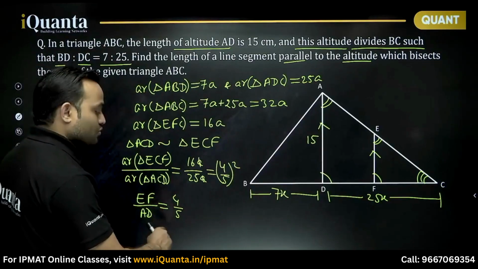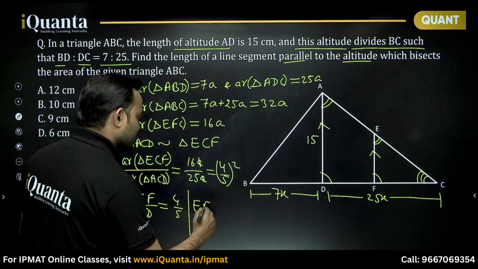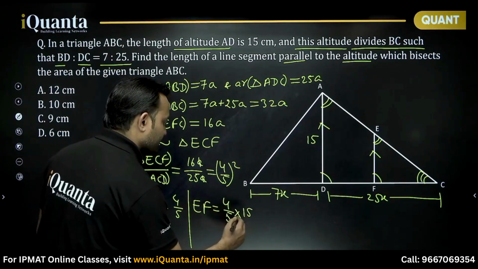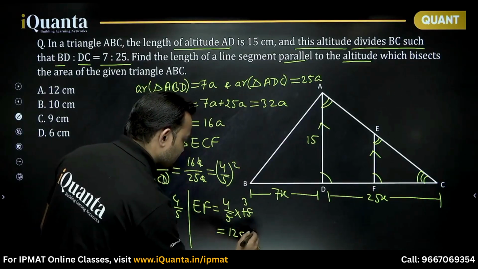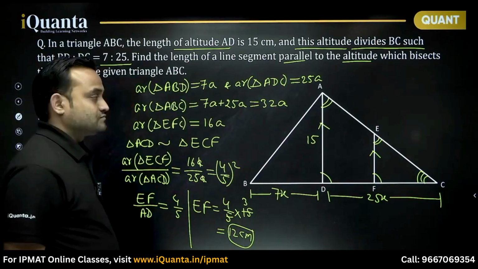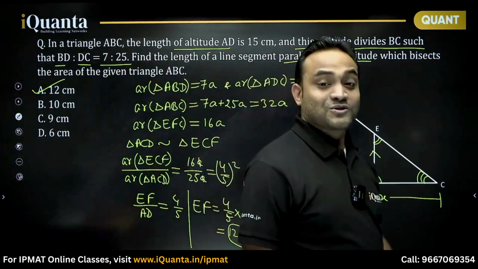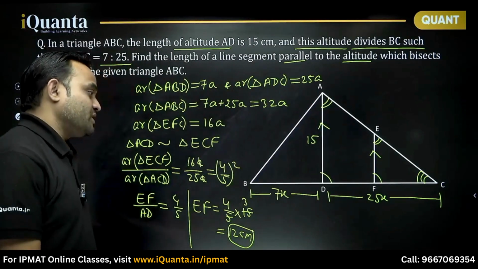We already know what AD is. AD is 15. Can we say EF will be equal to 4/5 into 15. So 3 times 4 gives us 12 centimeters. Right? So our answer is option A here. It's a really good question based on similarities. Otherwise, solving this question could be a little headache.